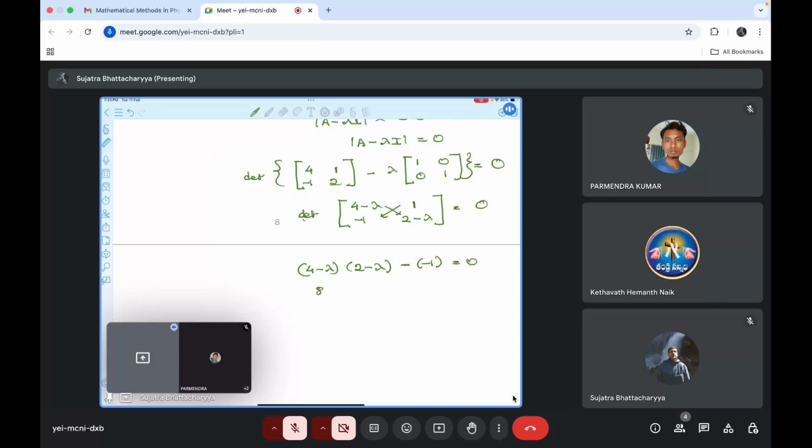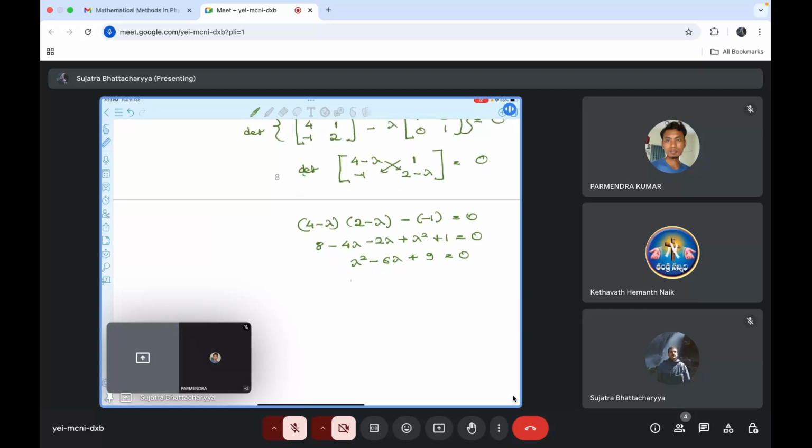So it will be 8 minus 4 lambda minus 2 lambda plus lambda square plus 1, that is equal to 0. So lambda square minus 6 lambda plus 9 should be equal to 0, and just factor it.